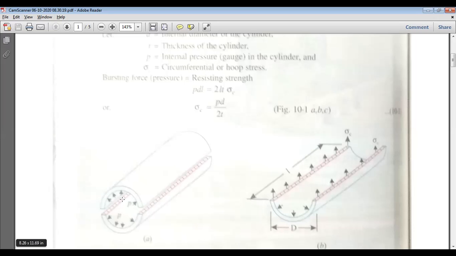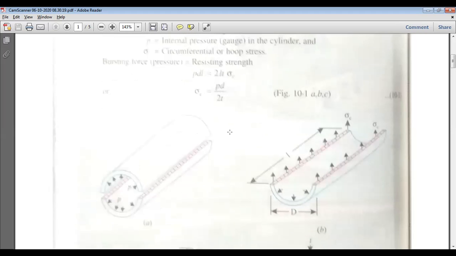Twice L t, that is thickness and length, multiplied by the compressive stress, so this is twice into L into t, sigma C. We can see here this is sigma C, the compressive stress that has been developed by the cylindrical shell.